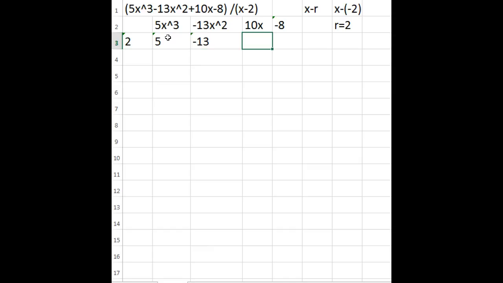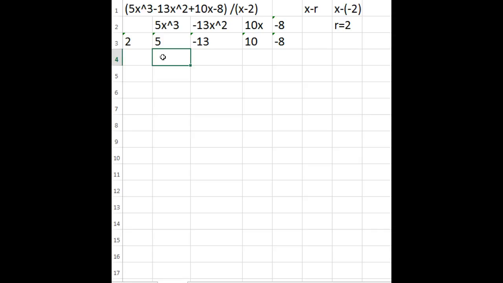Our next term is 10x, so D3 gets a 10. And our last term is negative 8, so E3 gets negative 8. Now we have row 3 as 2, 5, negative 13, 10, and negative 8, and our cell in column A is our R value.